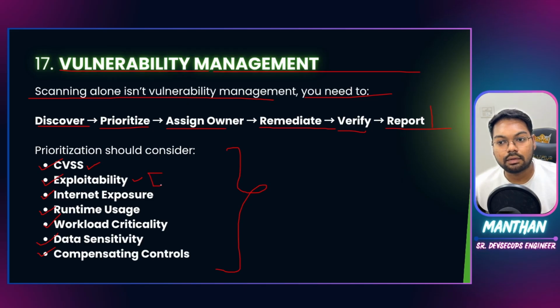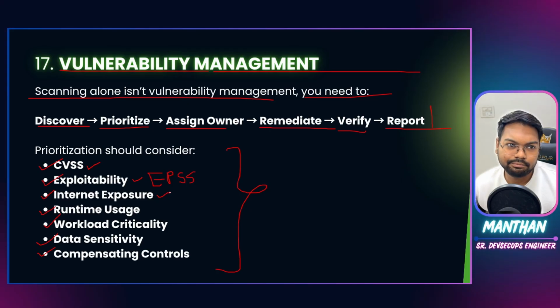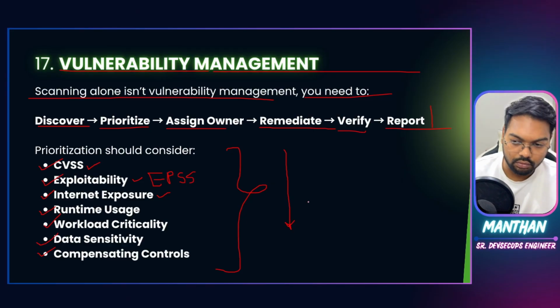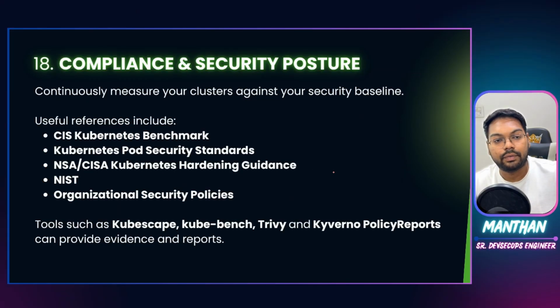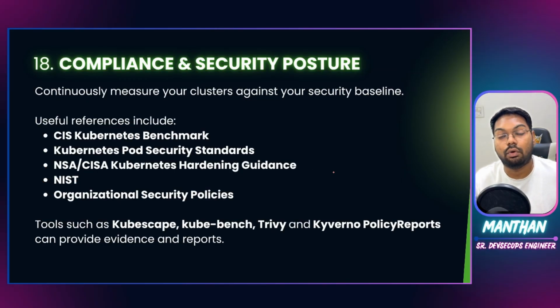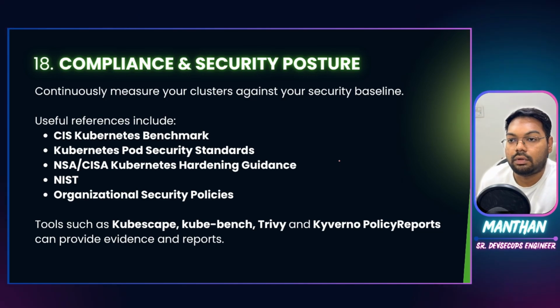So there is EPSS, the exploit prediction scoring system, that gives you the exploitability of that thing. Then again, if the exploitable vulnerability is not exposed to the internet, then you should not be worried about it. So these are the things you need to consider when you prioritize vulnerabilities, when there are thousands of them. Which ones will you fix first? That's a general interview question you get in interviews when you talk about K8s security.